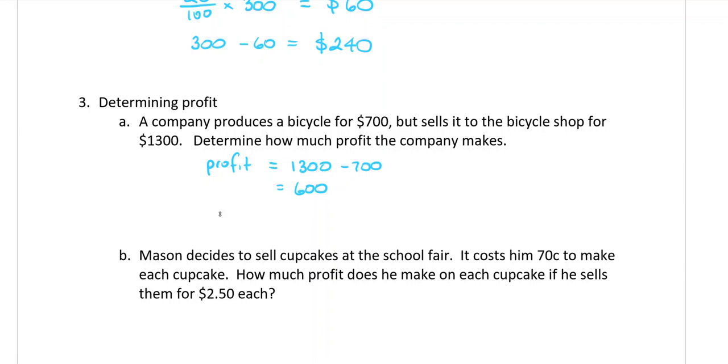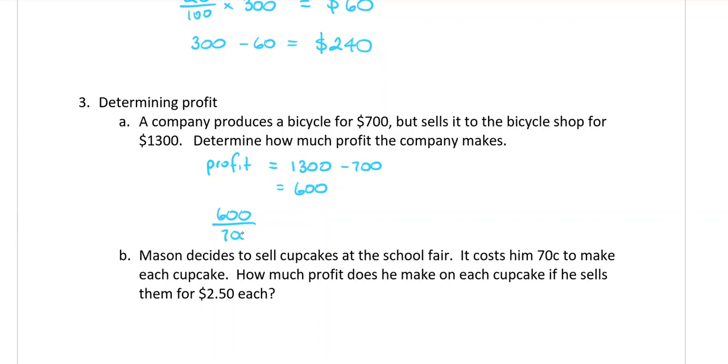But I want that profit as a percentage of the original cost price of that bike. So I start with the 600, I put it over the original cost. It says the company produced the bike for 700. That was the original, how much it cost for the bike.